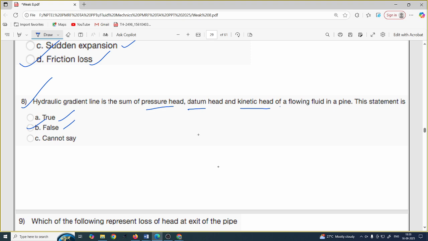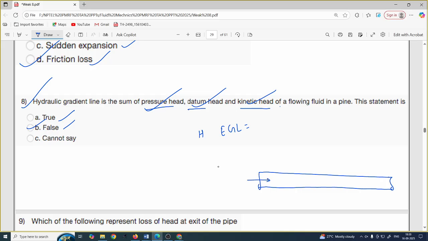Actually, the definition of energy gradient line is this: the sum of pressure head, datum head, and the kinetic head. How does it look? Let us draw a pipe and liquid is flowing.